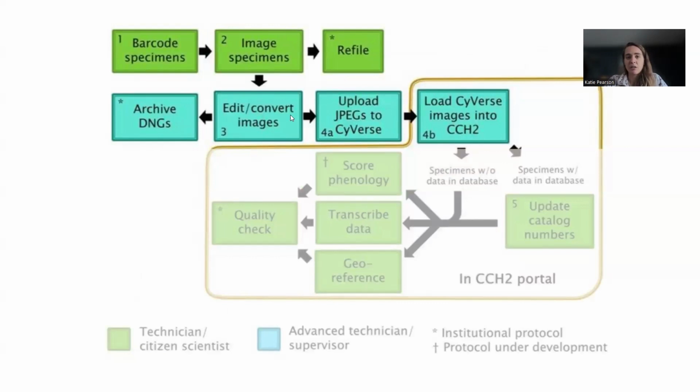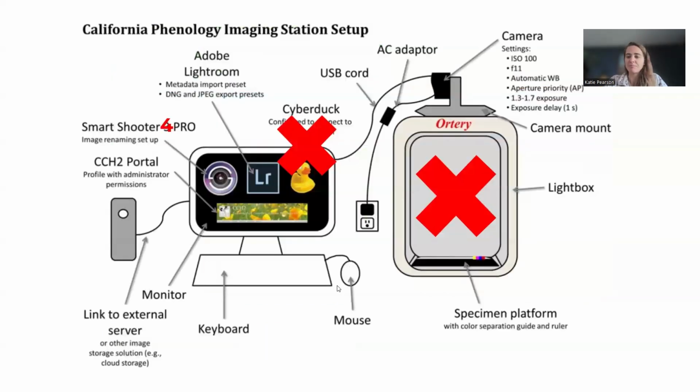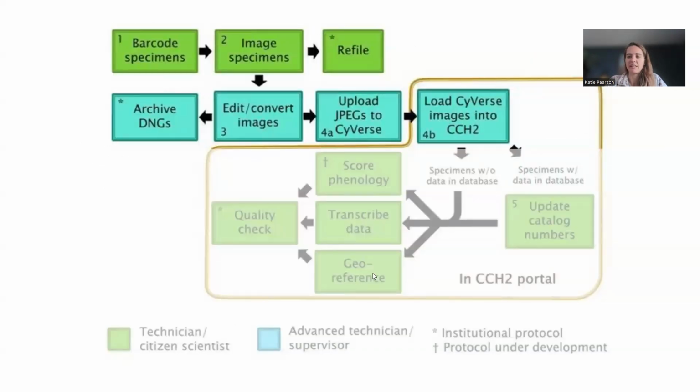So we imaged all of our specimens using this lightbox method. And then, oh yeah, Megan puts in the chat that the Canon EOS Utility is the camera software that comes with Canons. And yeah, you can totally use that. When you have a way to do that auto naming of your records or your images according to barcodes, then you can use whatever tethering software you want to.